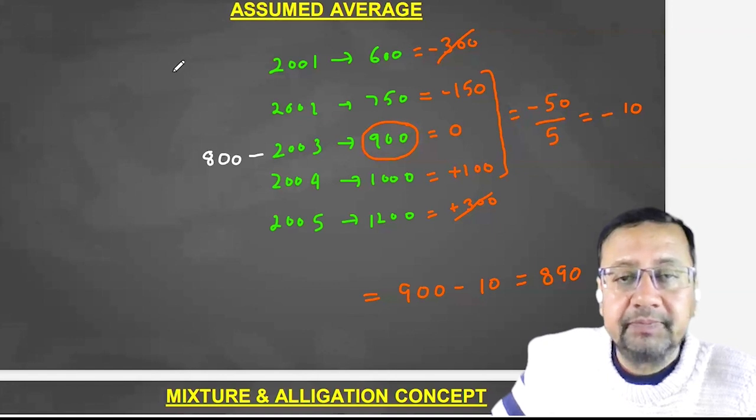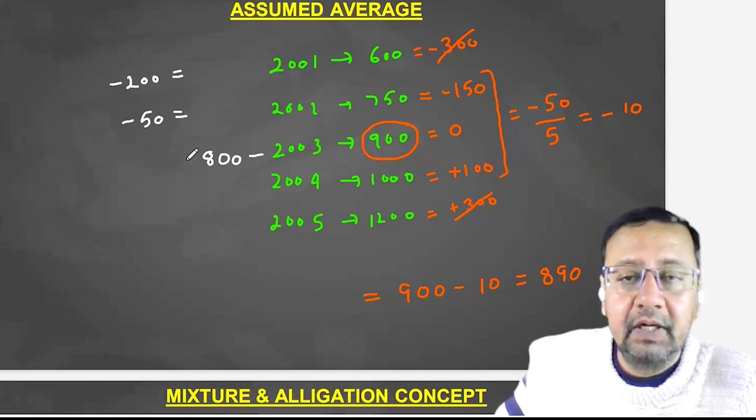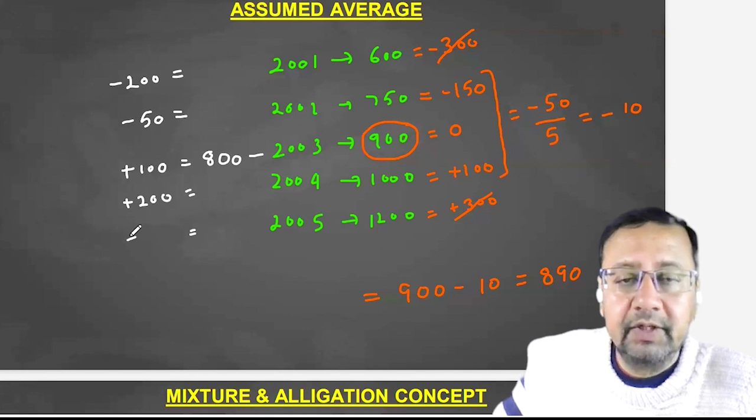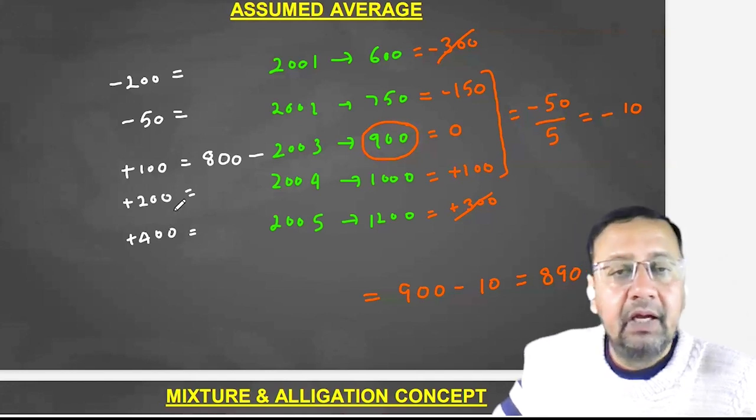So first number, how much? Minus 200, right? Second number, how much? Minus 50, right? This number, how much? Plus 100, right? This number, how much? Plus 200. This number, how much? Plus 400, right? Got it.